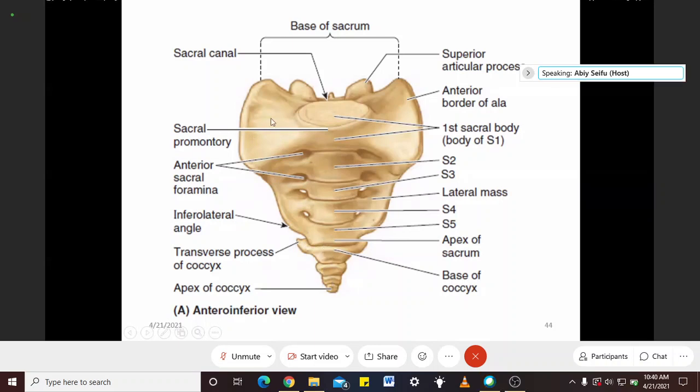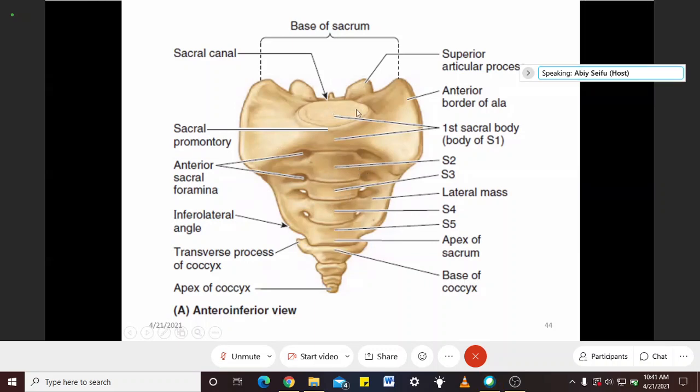This is the base of the sacrum, and this is the apex of the sacrum, which is composed of 5 separate vertebrae fused in adults, and is smooth in anterior view but rough posteriorly.